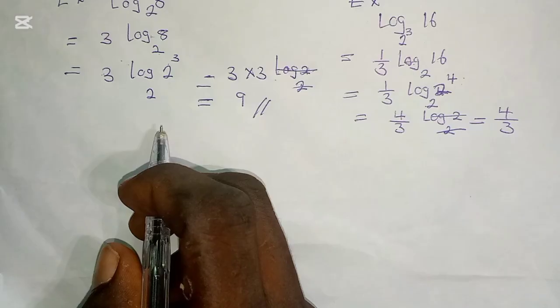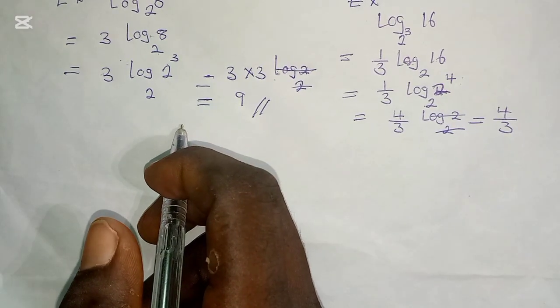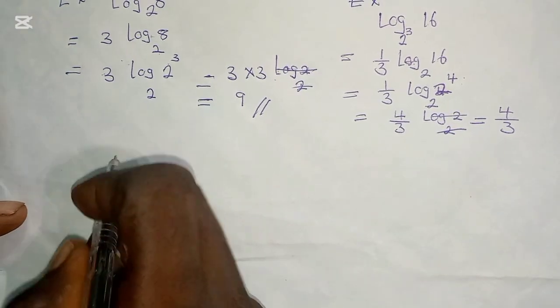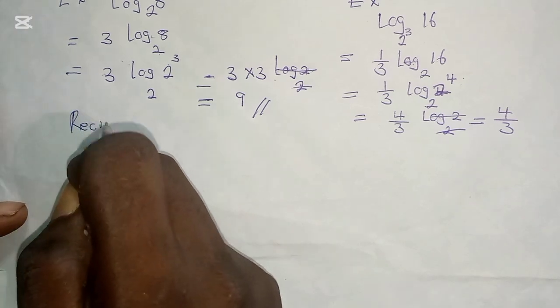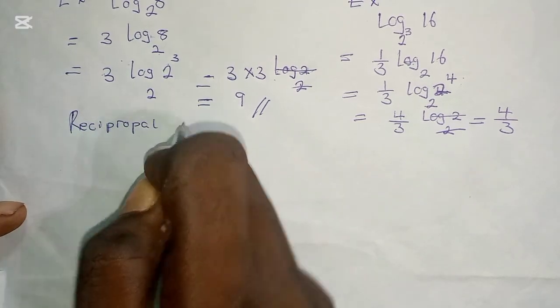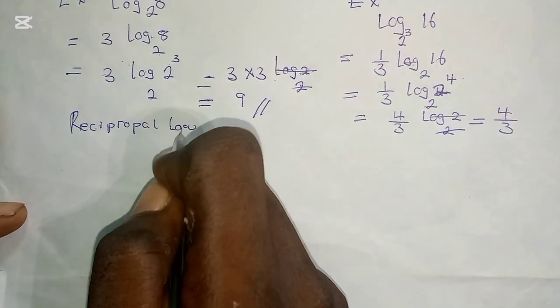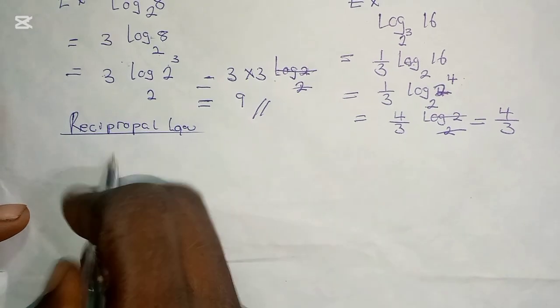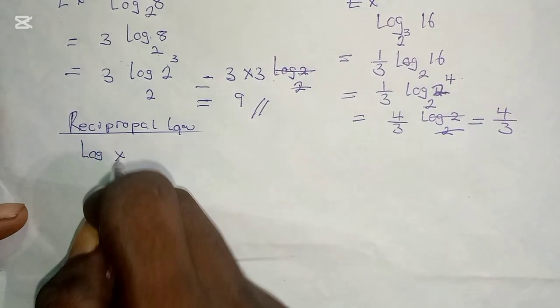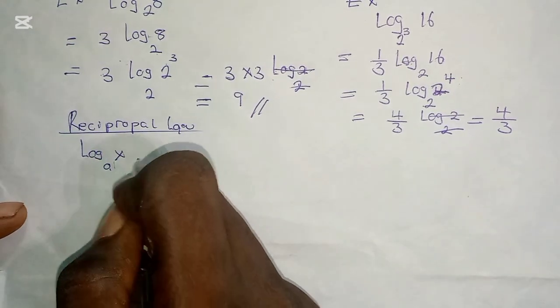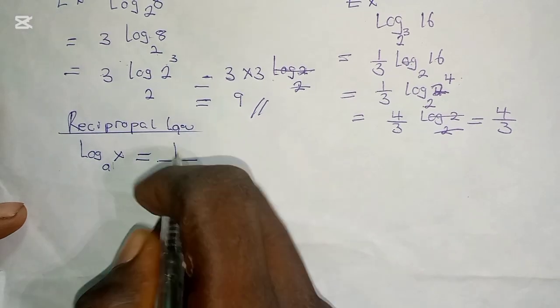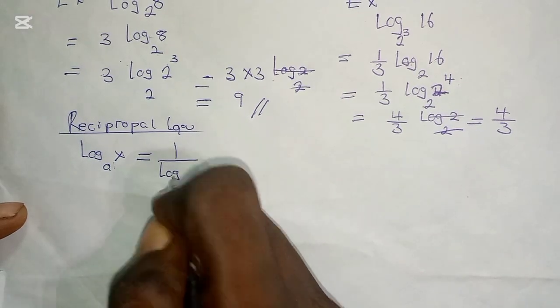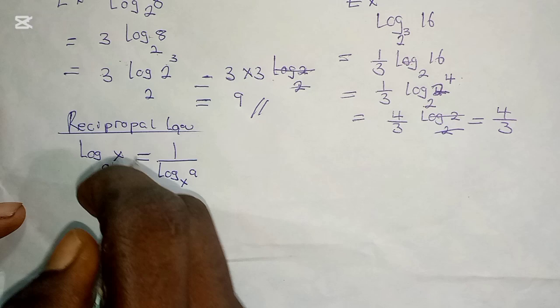Let's look at another property. Under this property, we have the reciprocal law. Here, when you have log x with the base a, this is equal to 1 over log a base x.